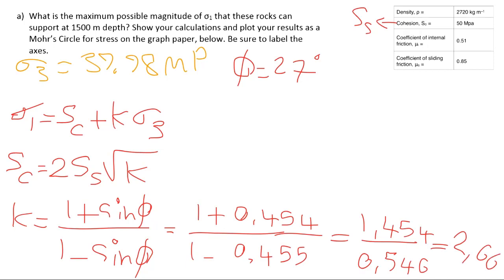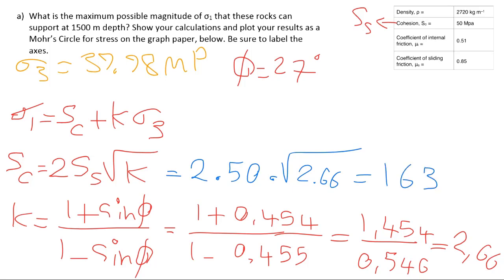So if I plug that in here, I have 2 multiplied by 50, it's given, multiplied by square root of 2.66. And this is equal to 163.9.